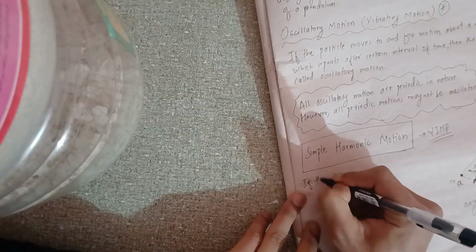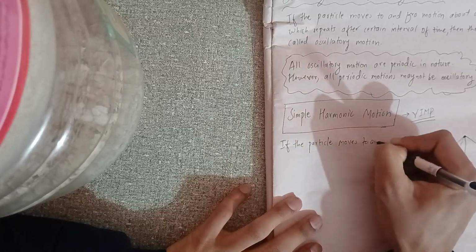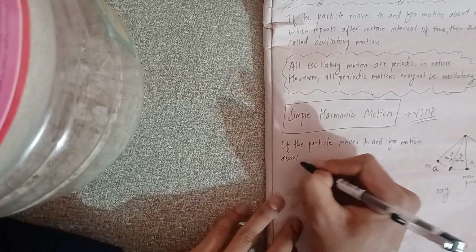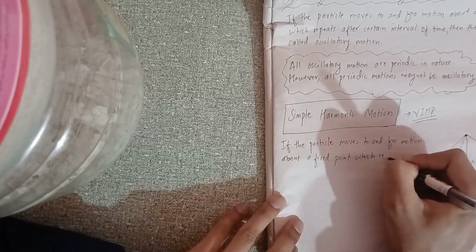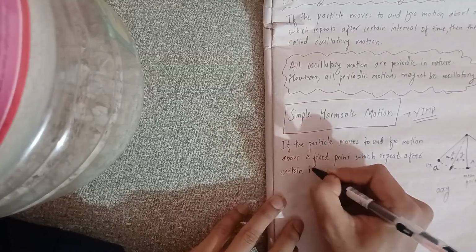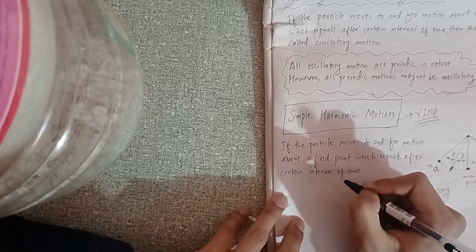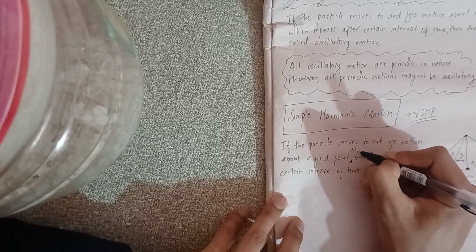So now let's write the definition. You can just write this and then add something in the end. If the particle moves to and fro about a fixed point, which repeats after a certain interval of time, okay, you need to add one thing here: along a straight line.